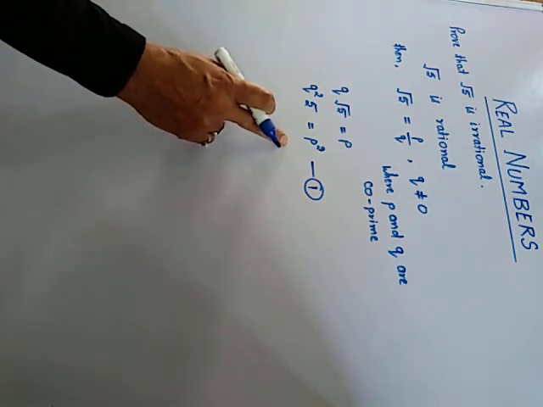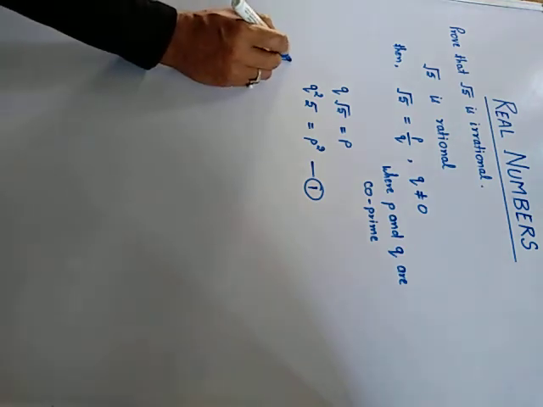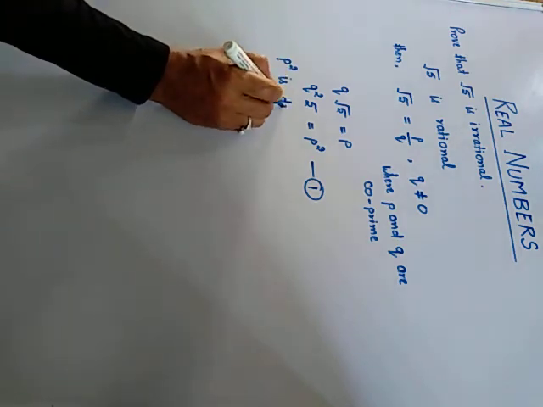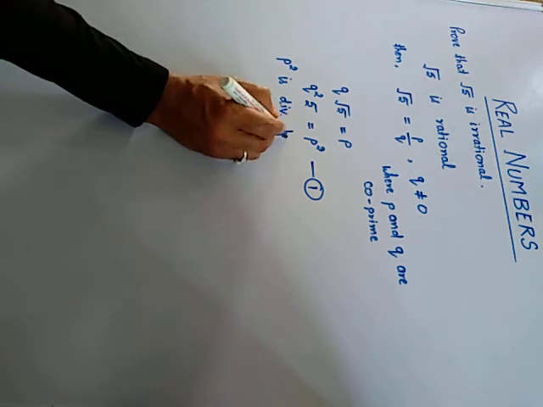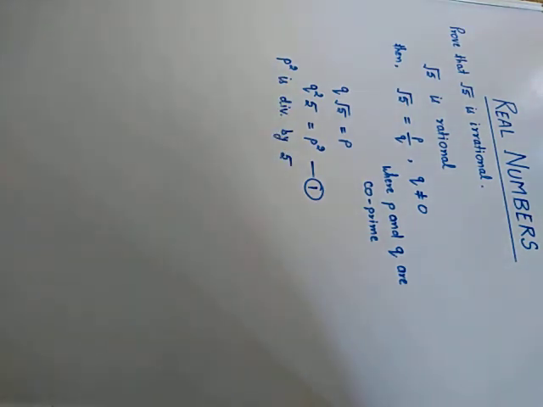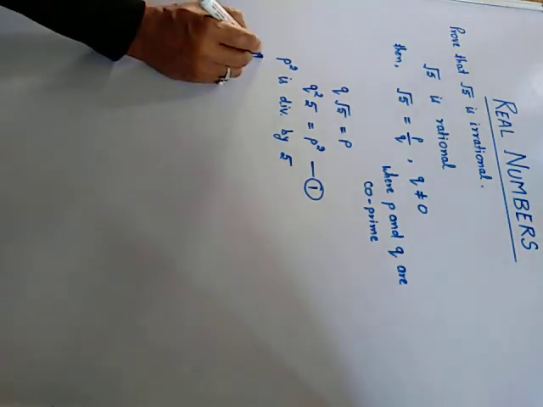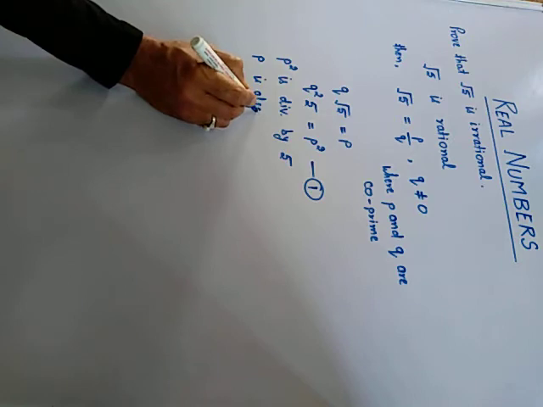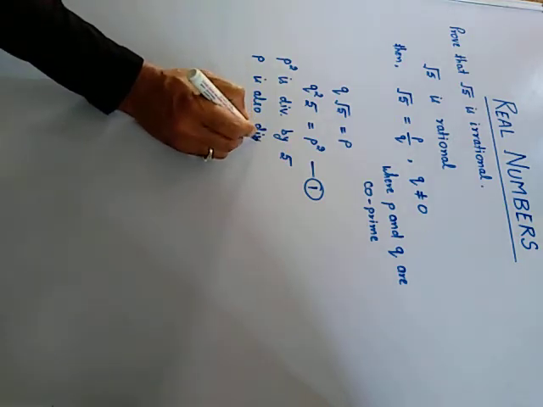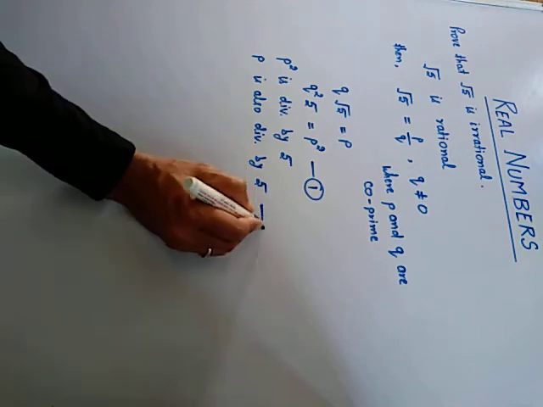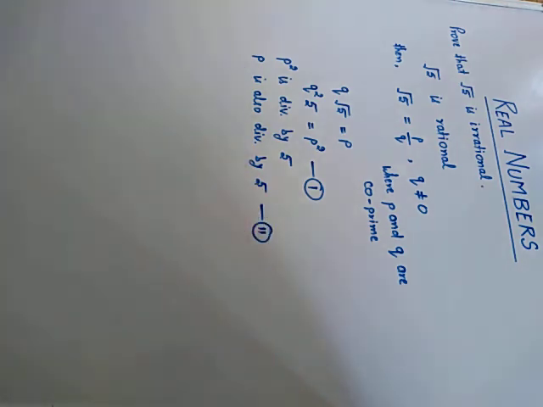So it means that p square is divisible by 5, and if p square is divisible by 5, then p is also divisible by 5. This is equation number 2.